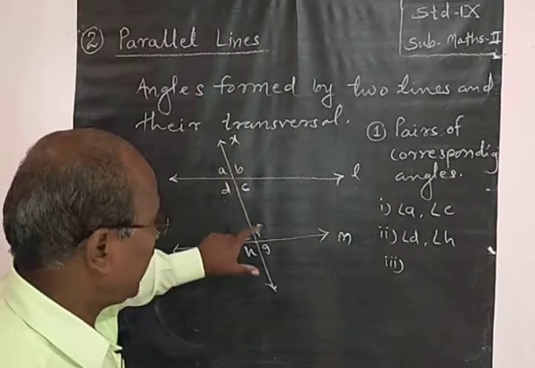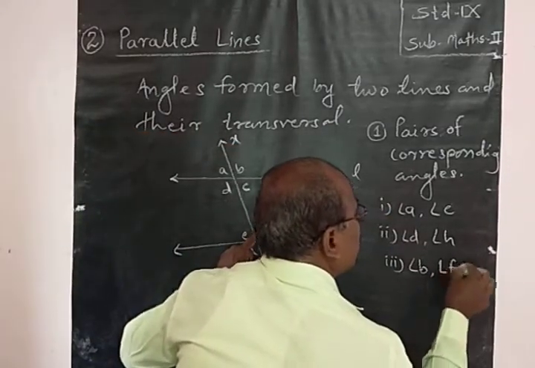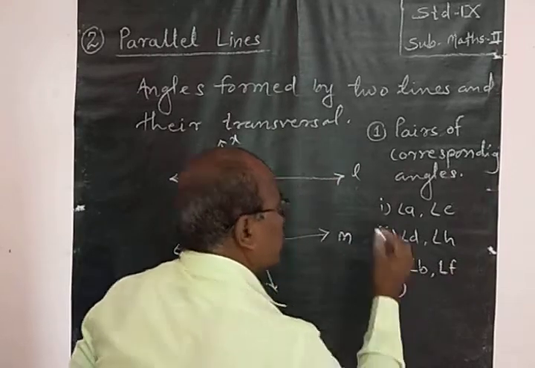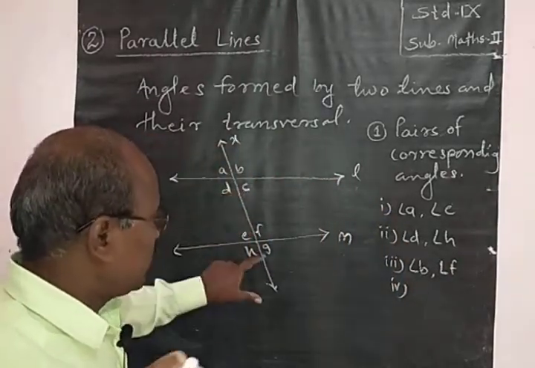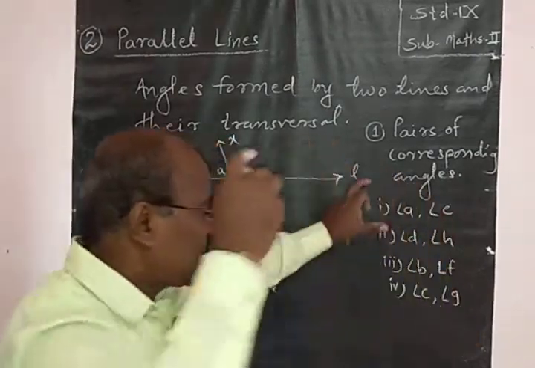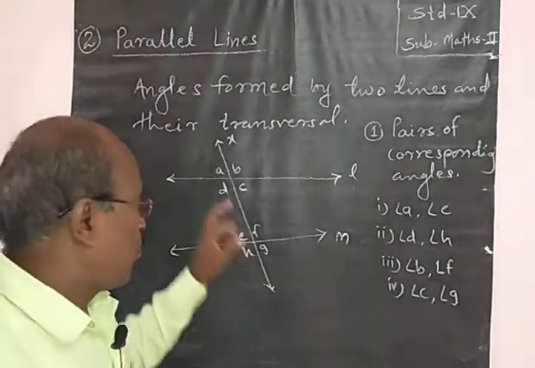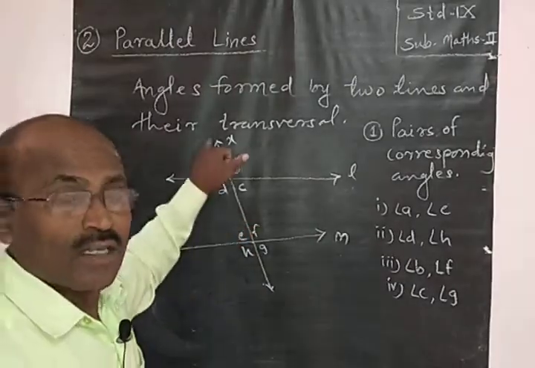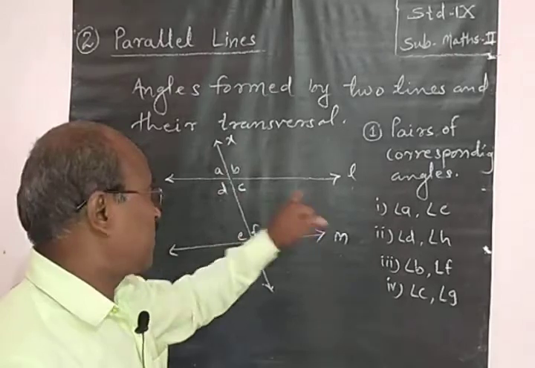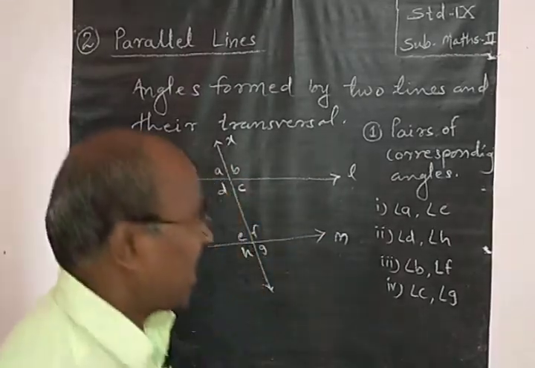Here B and F, angle B and angle F, and below the lines, C and G, angle C and angle G. These are the four pairs of corresponding angles formed when the transversal intersects the two lines at two distinct points.